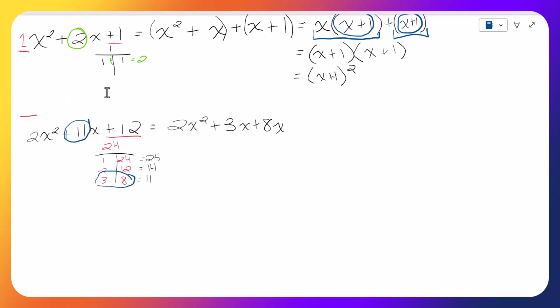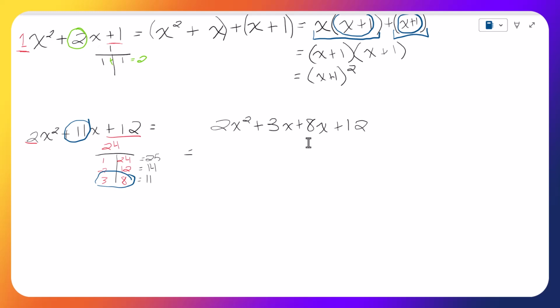Okay. 2x squared plus 3x plus 8x. Oh, my red line didn't come. That's okay. 2x squared plus 3x plus 8x plus 12. And let me actually move this over to, oops. So I can just go down.